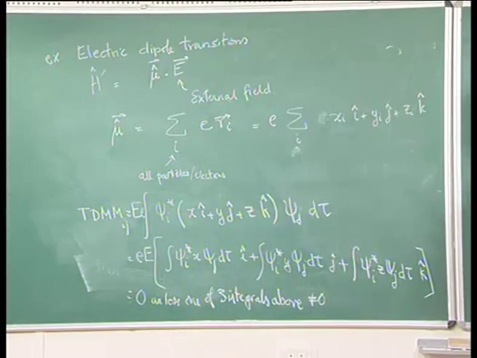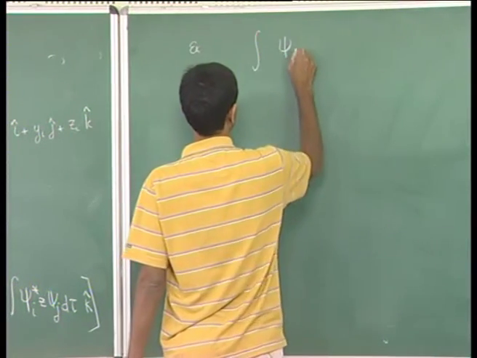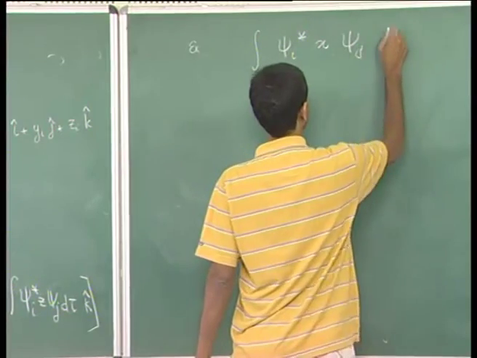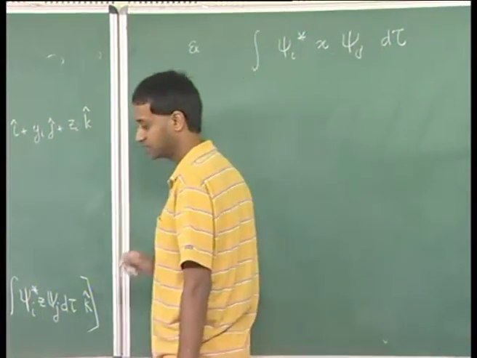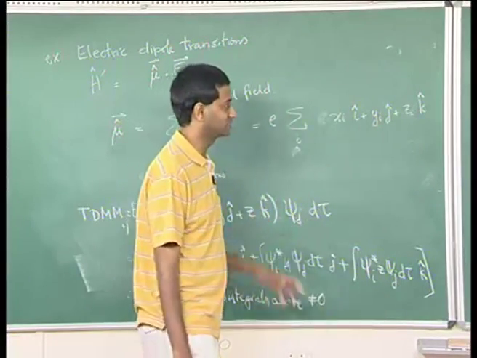Okay, so let us take an example again. Let us take the integral psi i star x psi j d tau. So the question is, when is this integral equal to 0 and when is it not equal to 0?